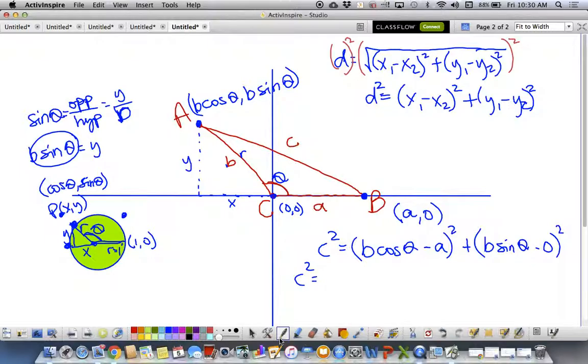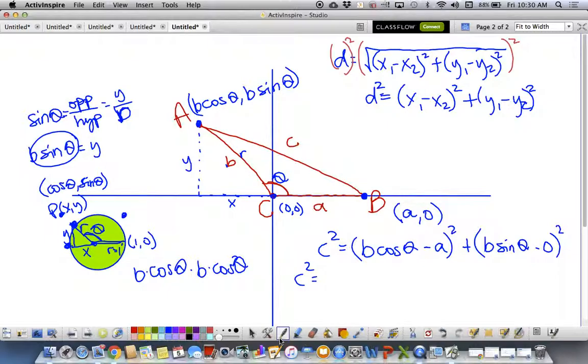Can you FOIL this quickly? Not really. Okay. What's B cosine theta times B cosine theta? B cosine theta squared. Okay, here we go. Thought bubble over here. B times cosine theta times B times cosine theta.